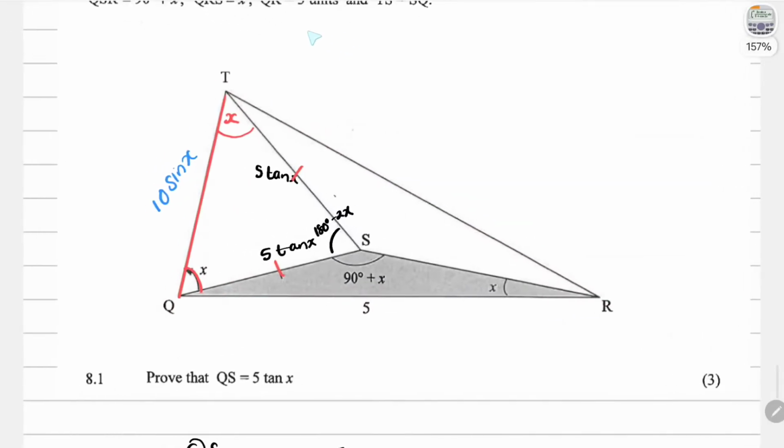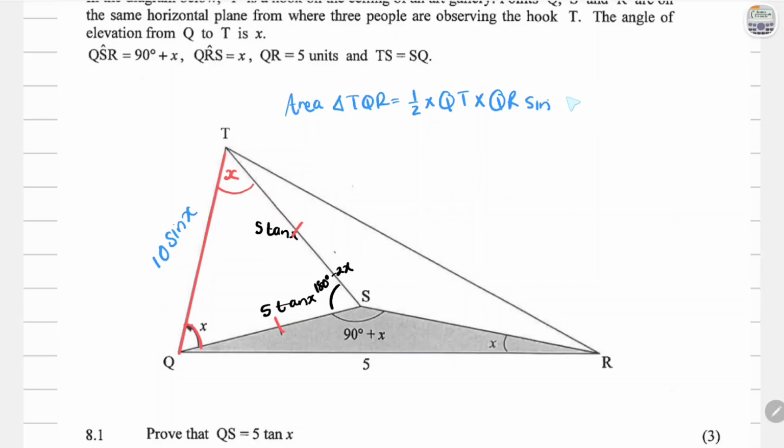And what it's going to look like is that the area of triangle TQR is simply equal to a half multiplied by the side QT. We can just write it down in full first. That's QT multiplied by the other side QR, which we know is 5 units, and then sine of that center angle, which they told us the size of, which is that angle TQR again.